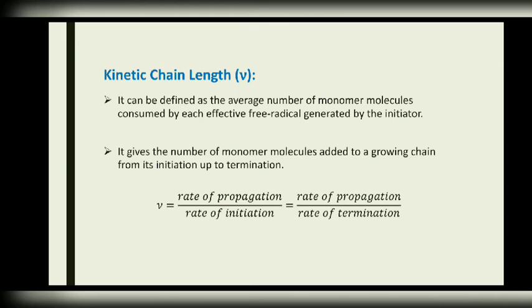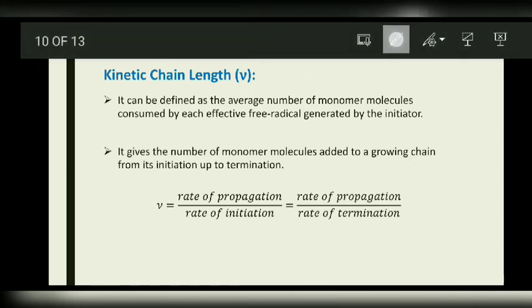Now the next concept is kinetic chain length. It is given by nu. So what is this kinetic chain length? It is the average number of monomer molecules consumed by each effective free radical generated by the initiator.